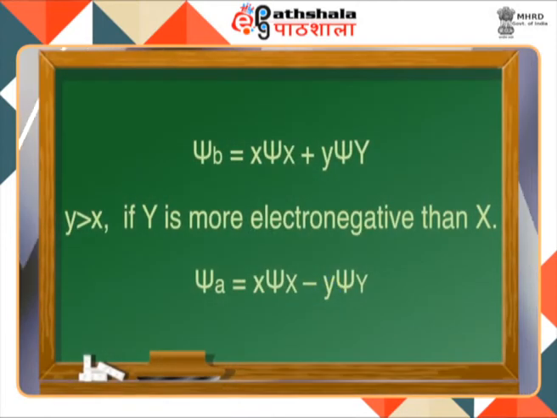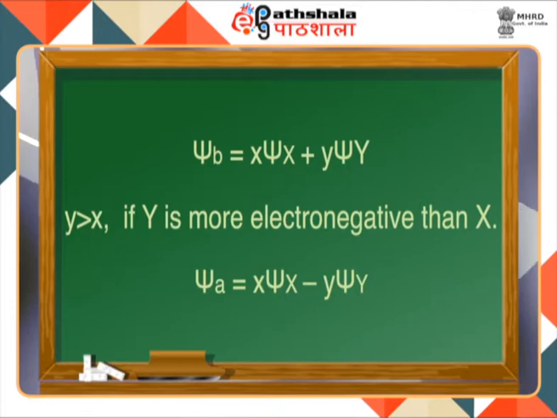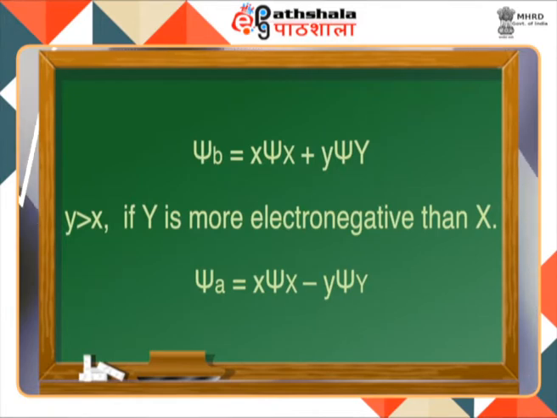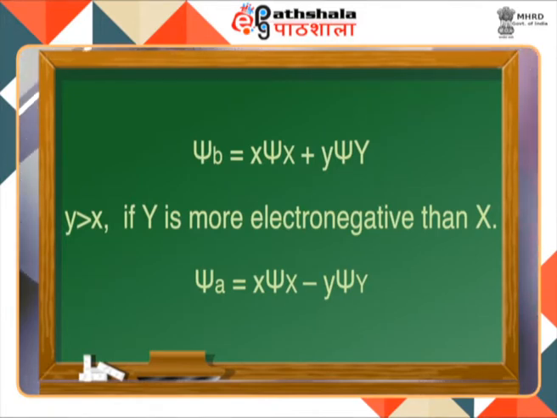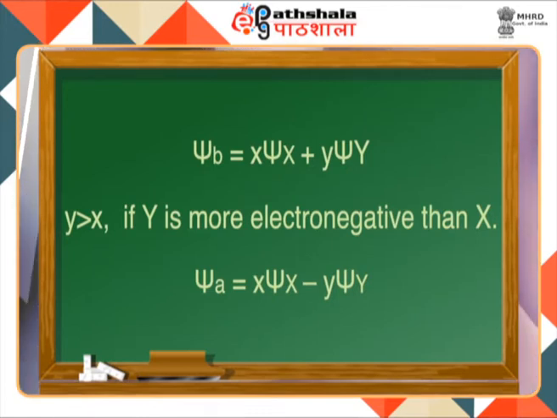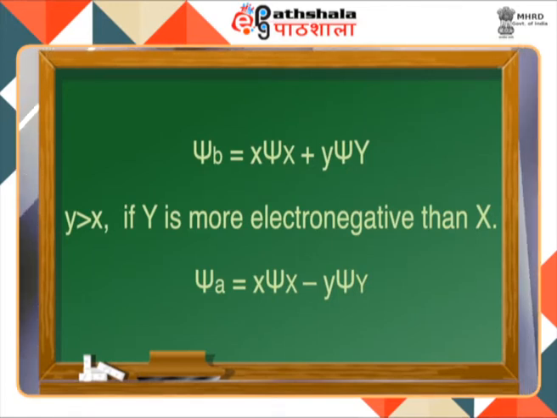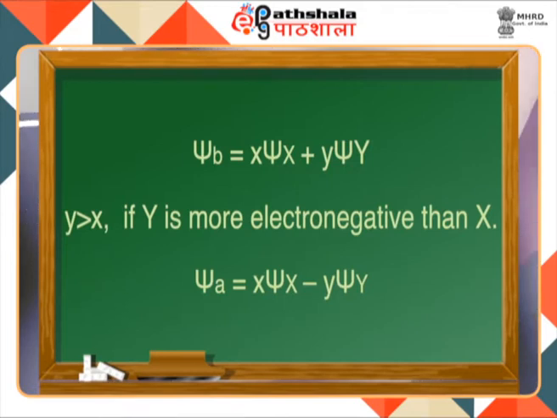Psi bonding is equal to a, the coefficient of the x atomic orbital, times the wave function of the x atomic orbital, plus b, the coefficient of the y atomic orbital, times the wave function of the y atomic orbital. Here b is greater than a, that is, y is more electronegative than x. Conversely, the more stable atomic orbital contributes less to the antibonding molecular orbital.